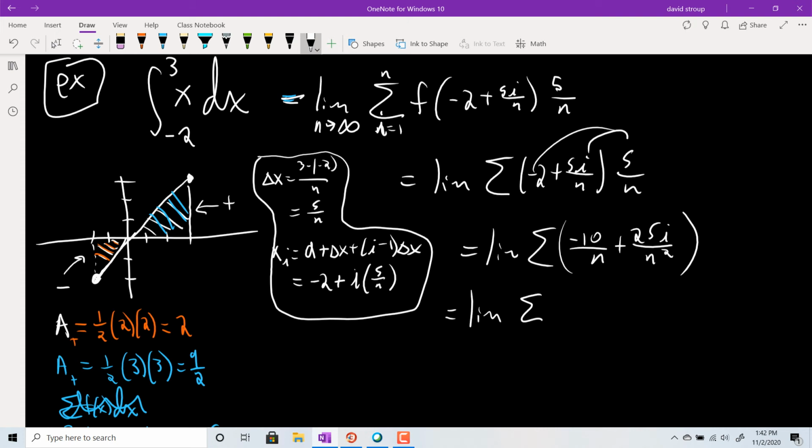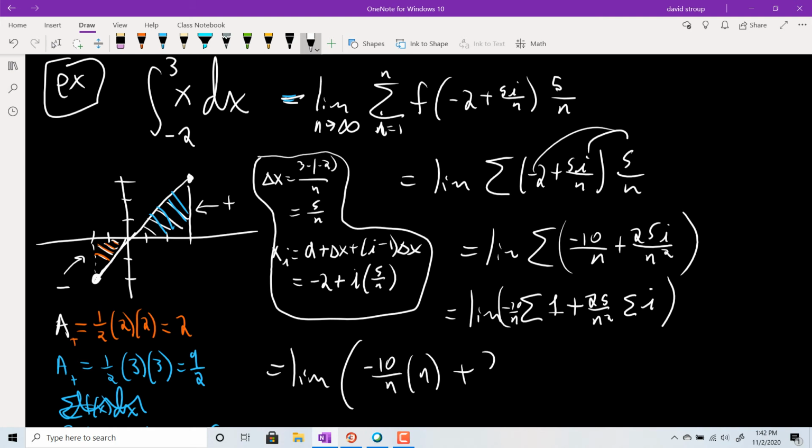And I can factor out anything not dependent on i. So negative 10 over n, sum of 1, plus I can factor out the 25 over n squared, sum of i. And then that'll equal the limit of negative 10 over n times n plus 25 over n squared times n times n plus 1 all over 2.